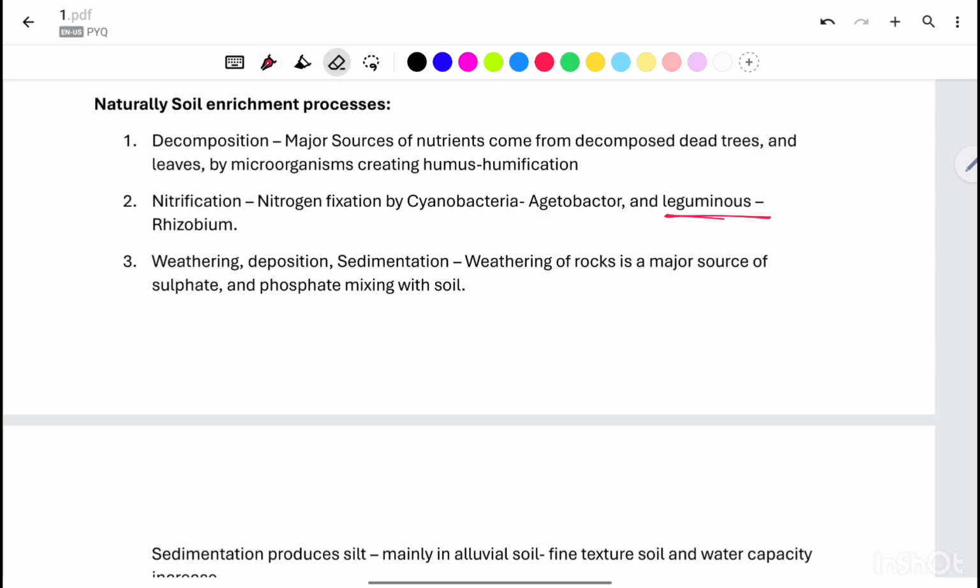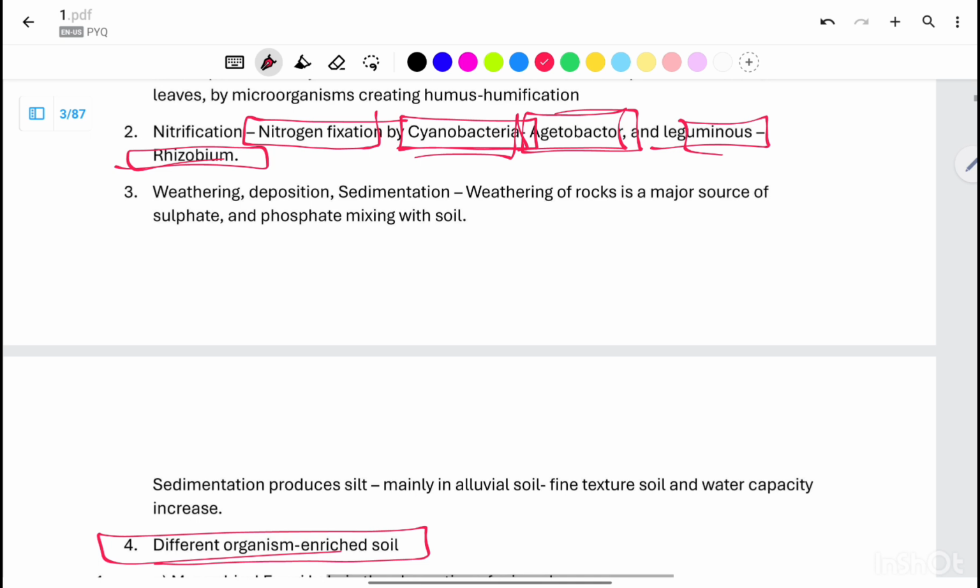This nitrogen fixation is done by cyanobacteria, called azotobacter, and leguminous rhizobium. So for nitrification we have azotobacter and rhizobium.